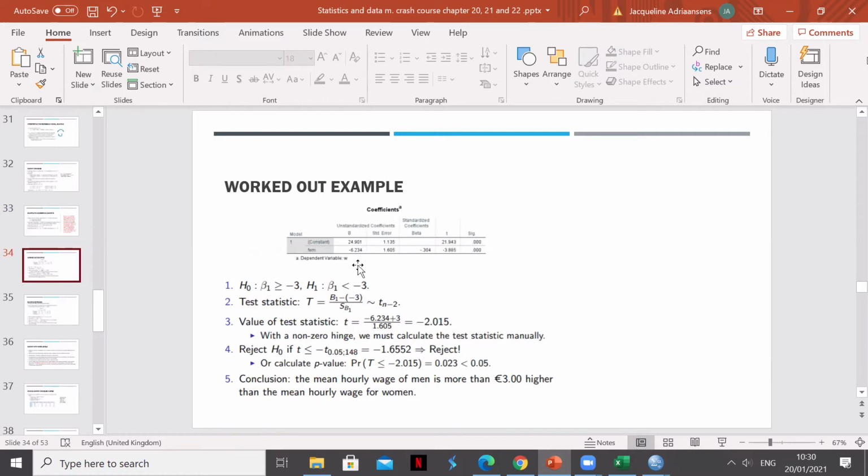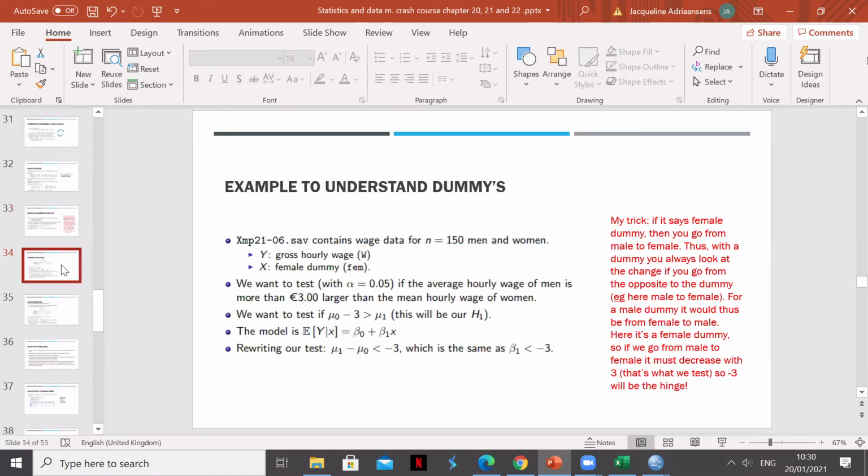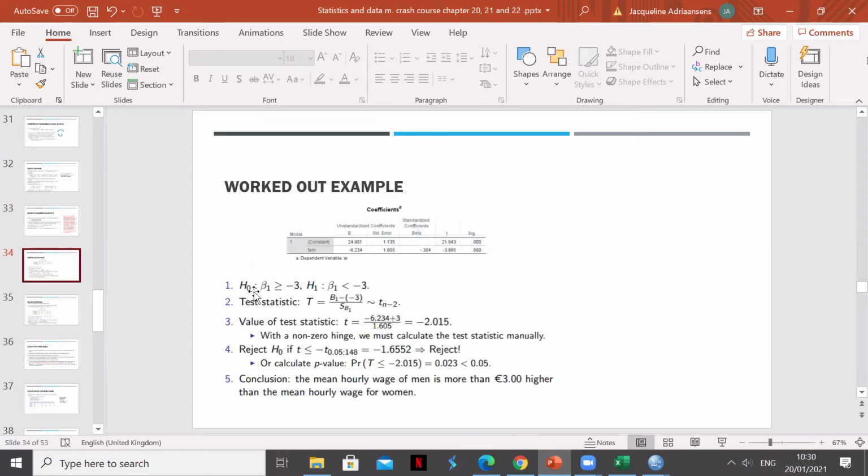Okay, then first we need to make our model. Yeah, here it is. So we are going to test this, right? We already said that. So our alternative hypothesis was what we want to test. So we want to test if beta 1 is less than minus 3, sorry.